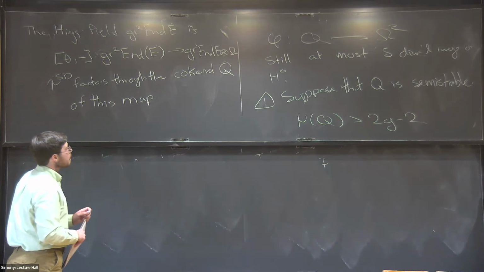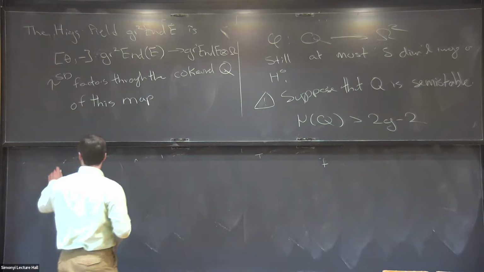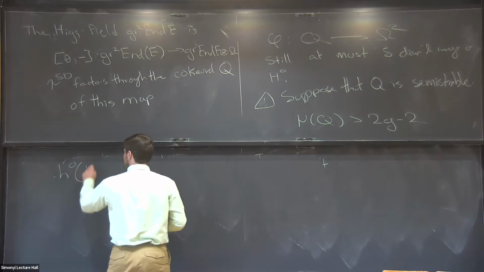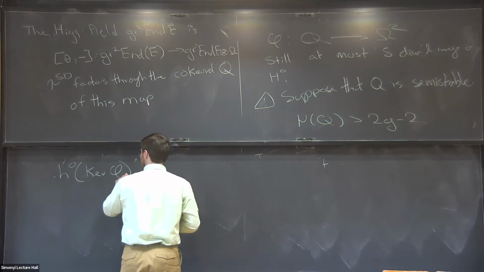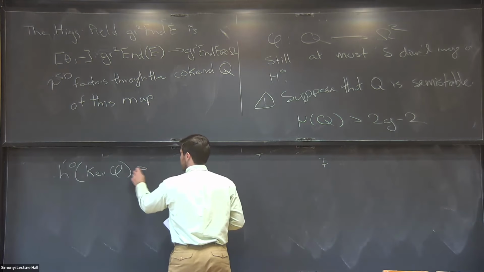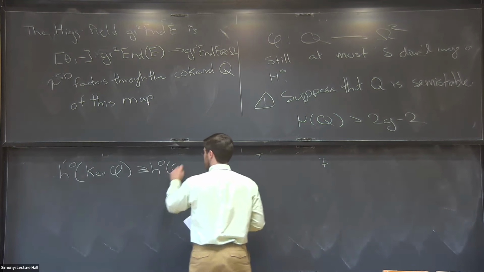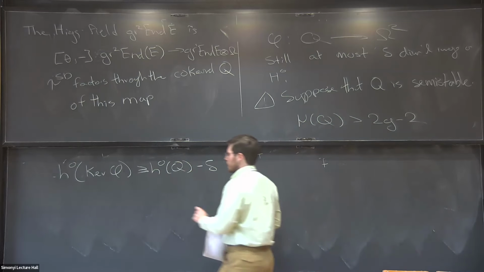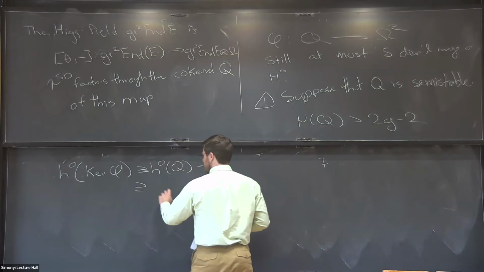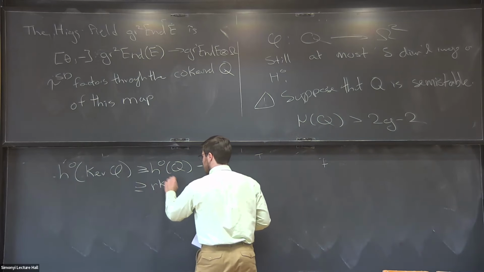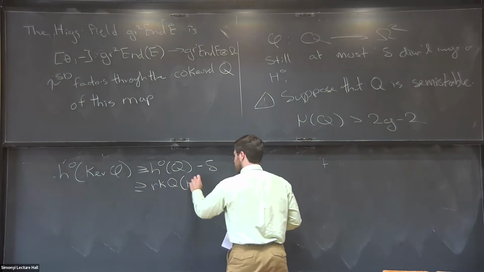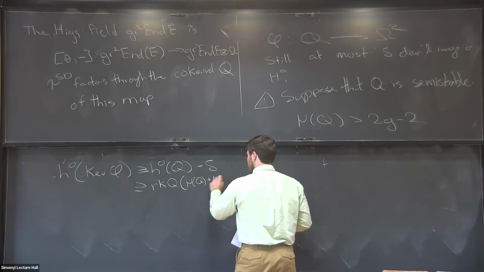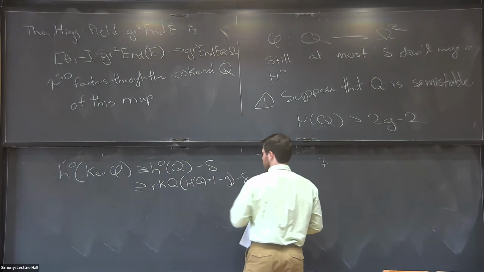So let me take the kernel of this map. Kernel of this bar P. That's going to be at least the H naught of Q minus delta. And Riemann-Roch is going to say that is at least the rank of Q times the slope plus 1 minus the genus minus this delta.